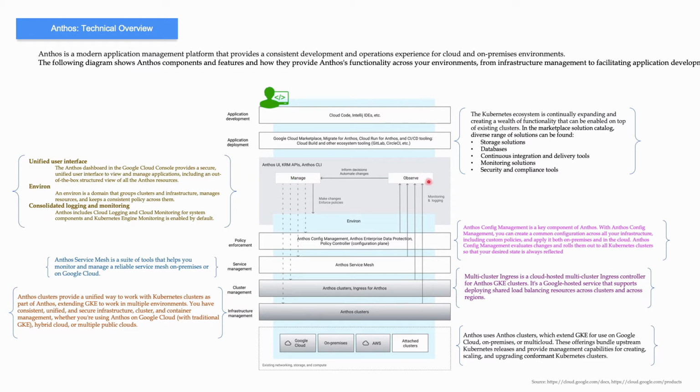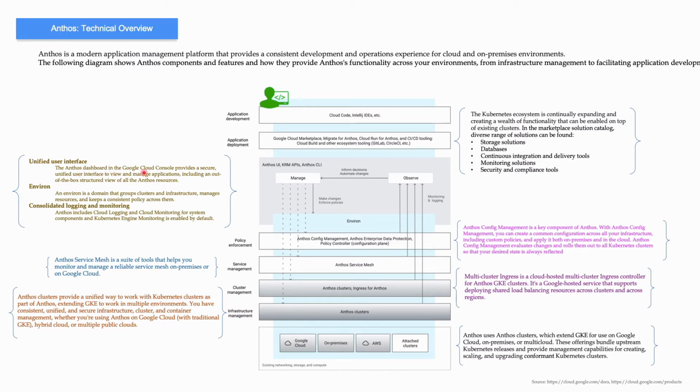And then observe, meaning monitoring and logging, because that's one of the big USPs of having Anthos: you can centralize the operation of all your clusters. So that's primarily what the Anthos UI, KRM APIs, and Anthos CLI provide you. They provide you a unified user interface.